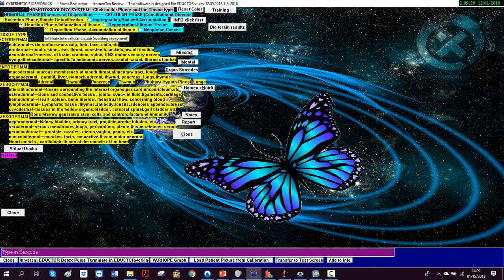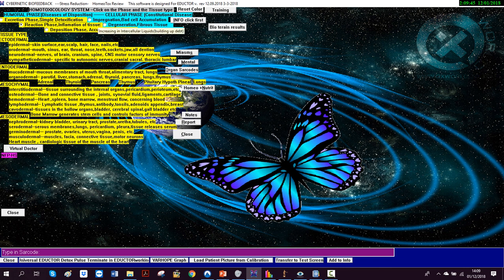Then, if the inflammation does not remove the toxin, the body will place those toxins in the tissues, in the organs.